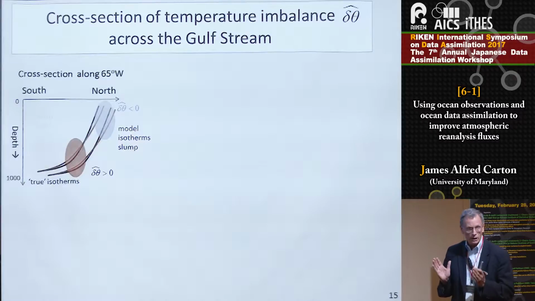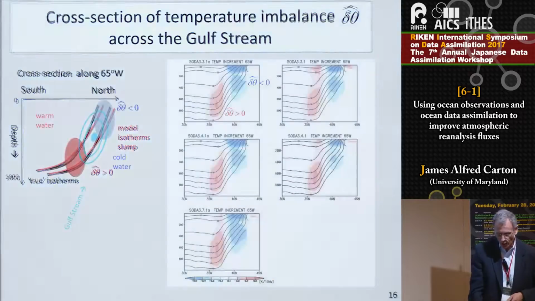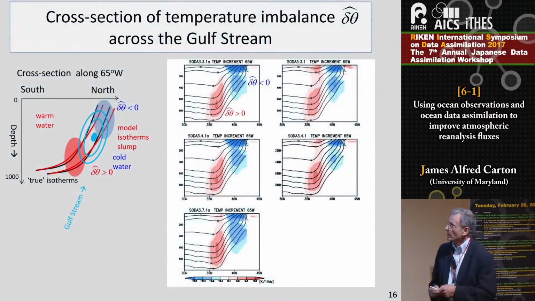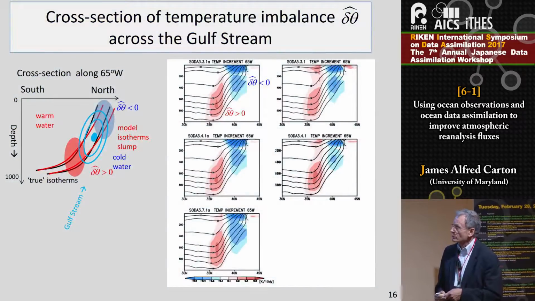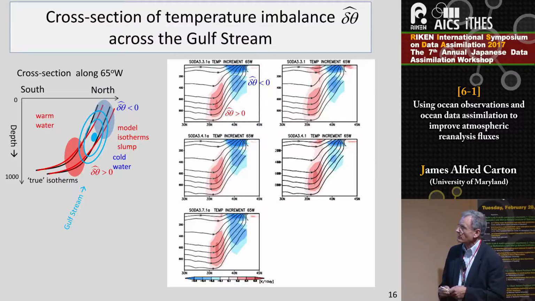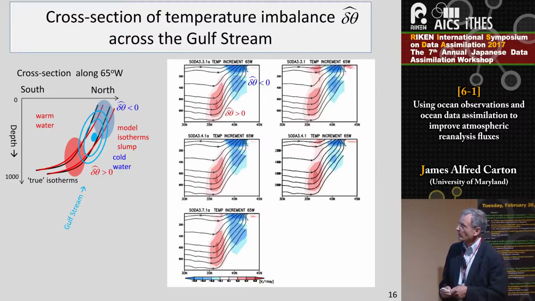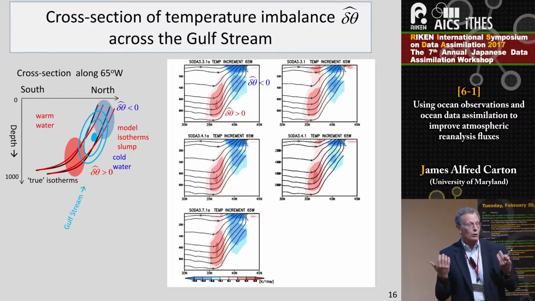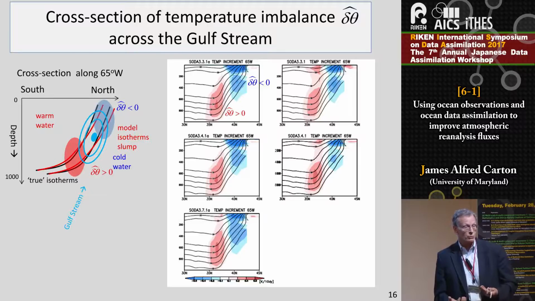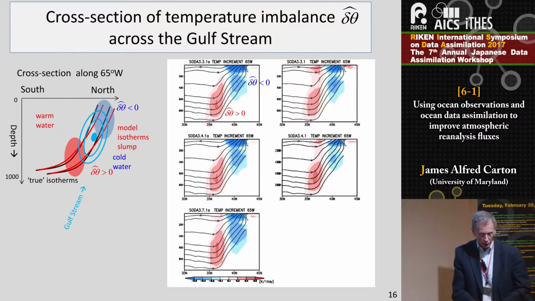In other words, you get that dipole pattern we saw just a moment ago. And in fact, if you actually look at these sections in the model, you see exactly that, this positive-negative pattern of increments. So what we're really seeing here is not a problem coming in from the atmospheric forcing. It's actually a model deficiency. So we've now found problems with atmospheric forcing and problems with model deficiency.